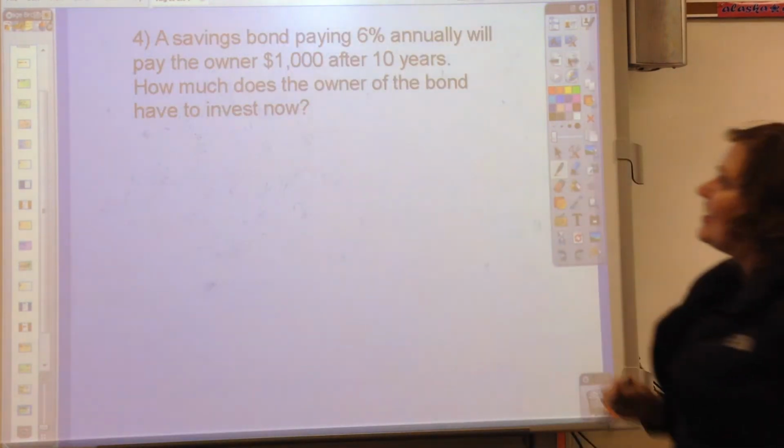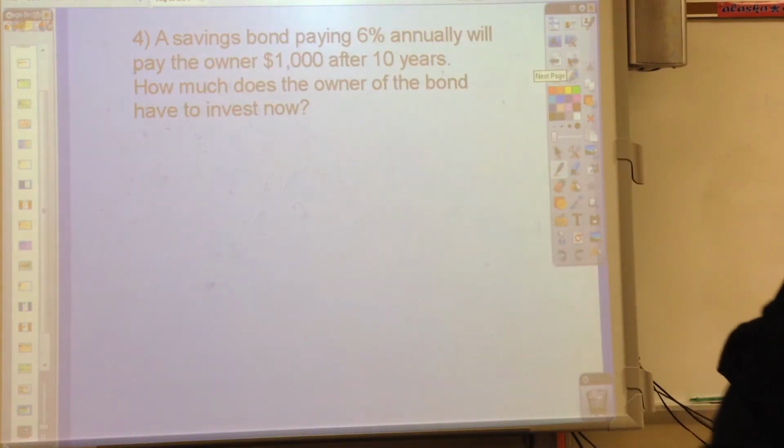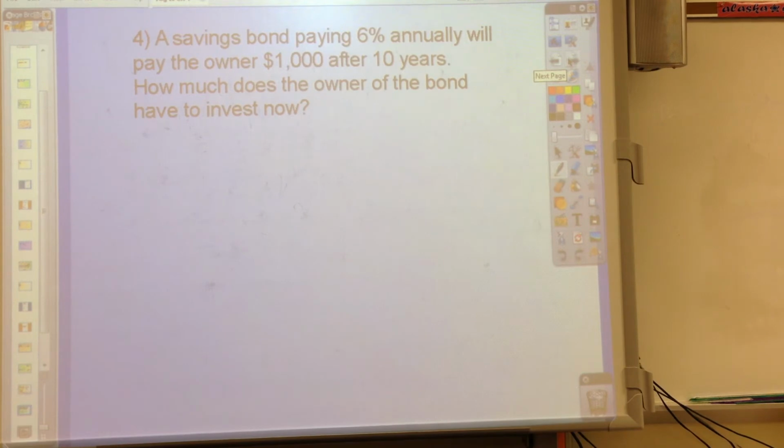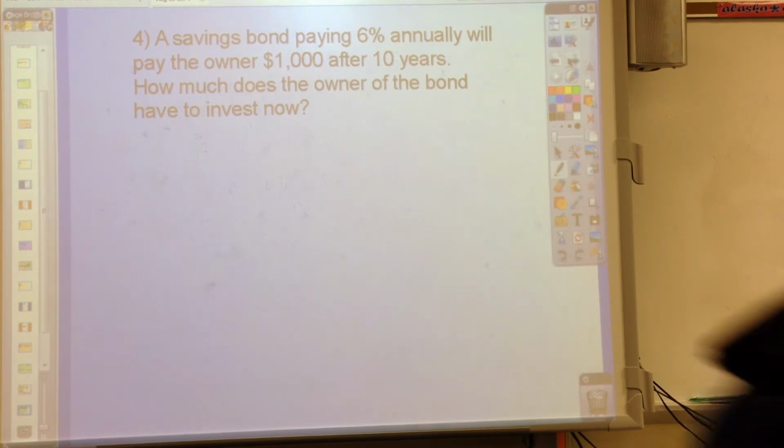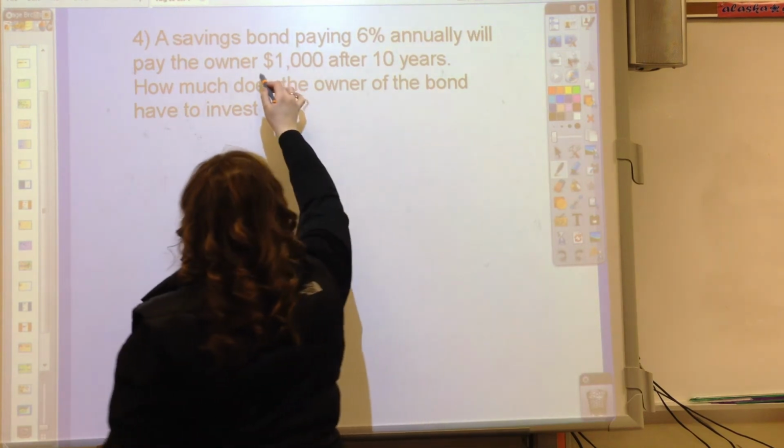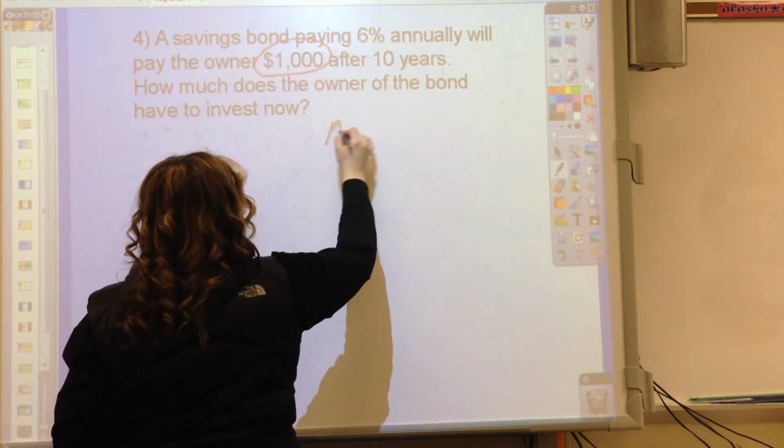All right. Now let's talk about a savings bond. Savings bond pays 6% annually and will pay the owner $1,000 after 10 years. How much does the owner of the bond have to invest now? So we're looking at different information here. I know this is how much I end up with.